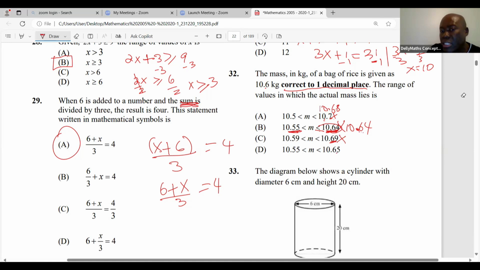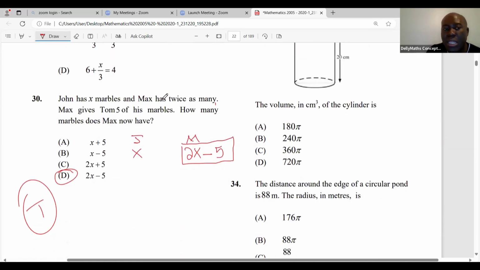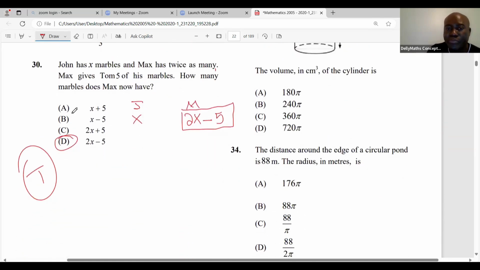This is perfect because this is less than. That means 10.61, 10.62, 10.63, up to 10.64, because it's less than this. So 10.64 and greater than or equal to 10.55 would be good for us. We have to look carefully because B would have been a very good answer if you're not looking.